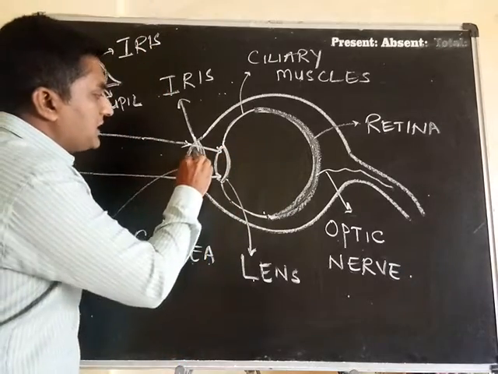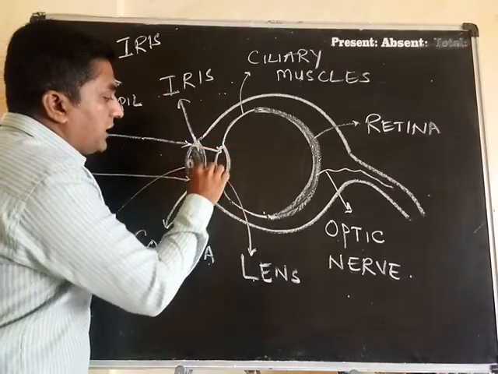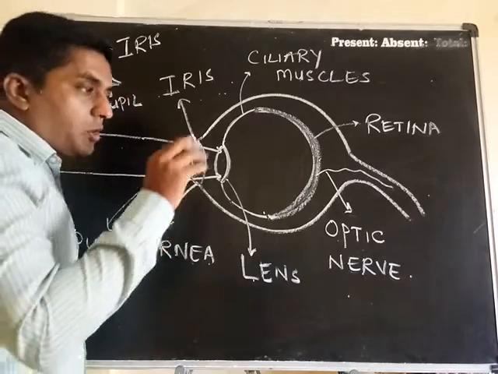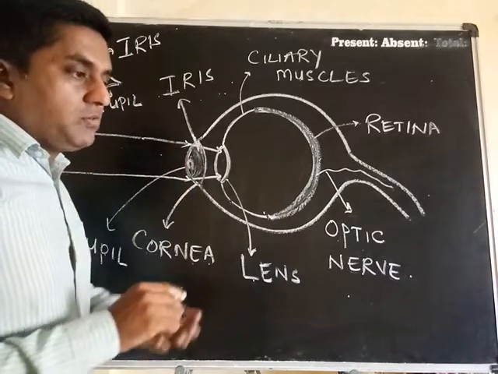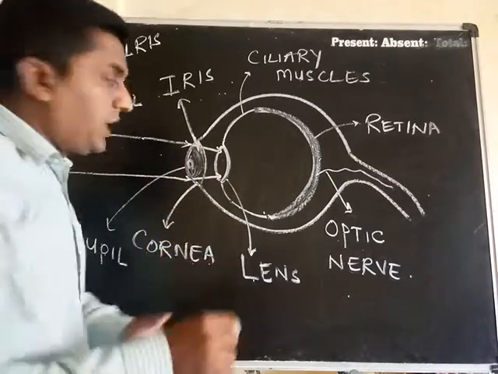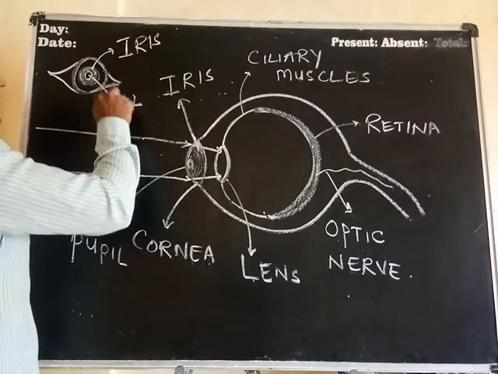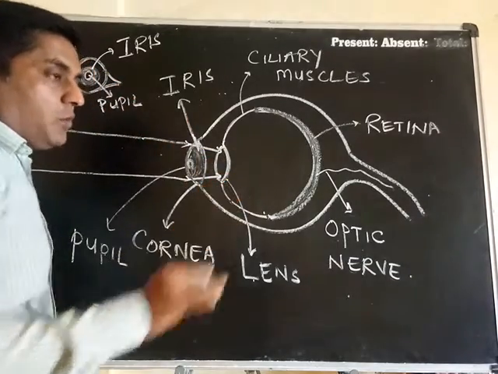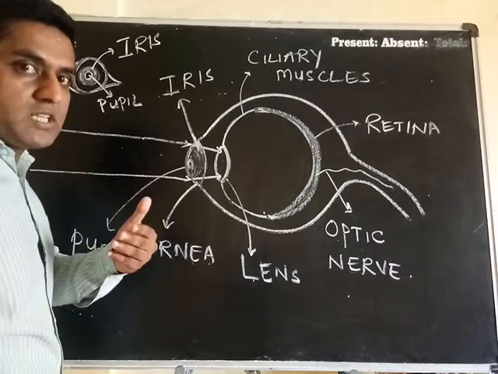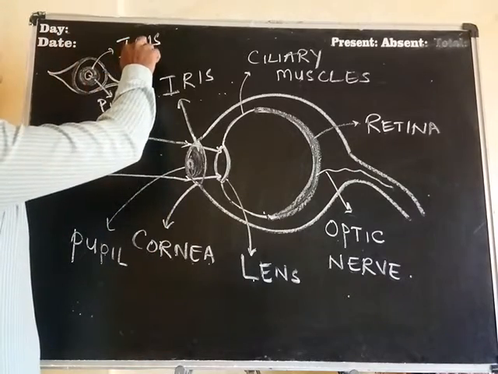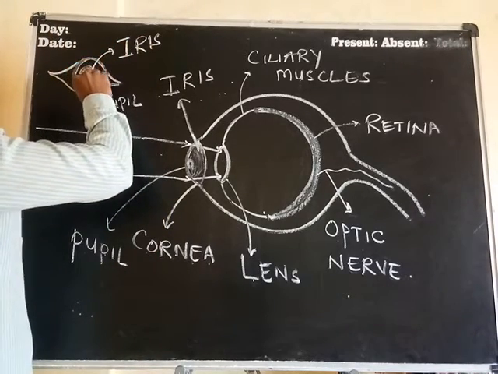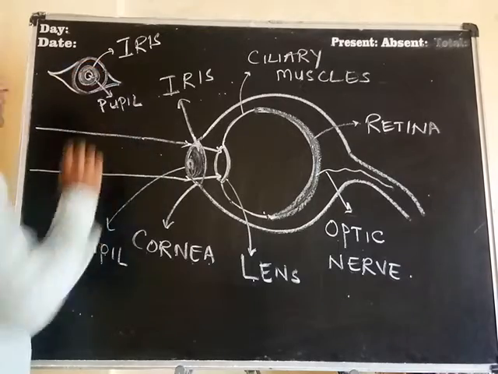And what is helping the pupil to work? The iris is helping it for contraction and expansion. So the pupil contracts and expands as per the need for more or less light, and the iris helps it, which is of different colors in different people.